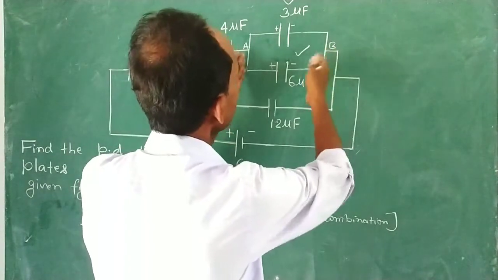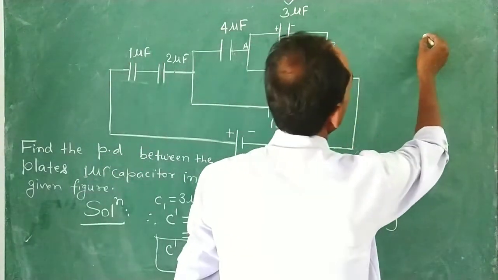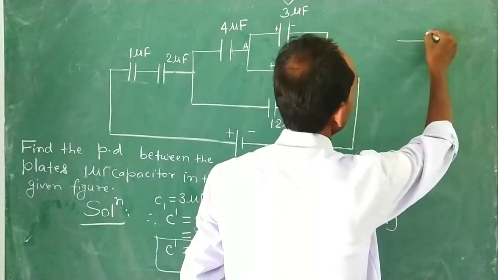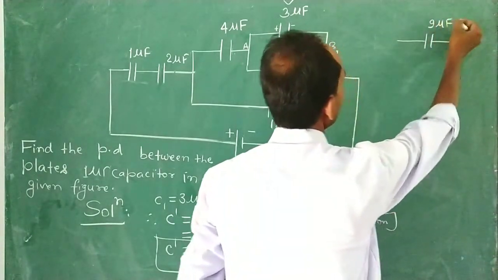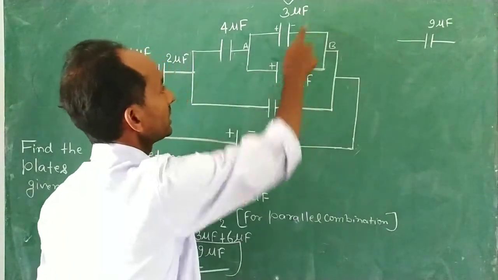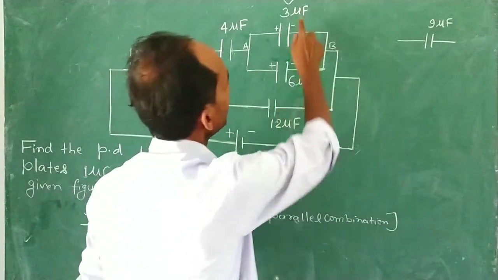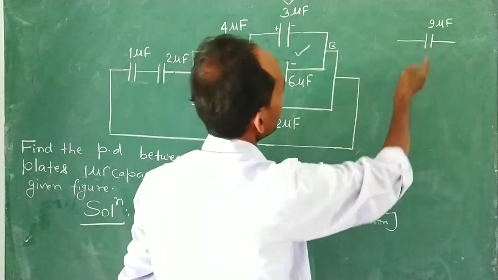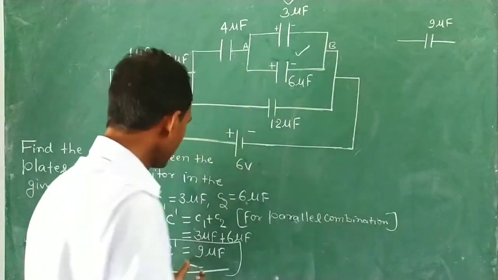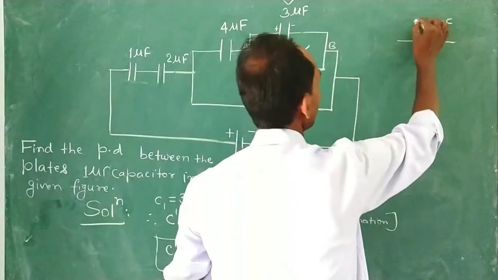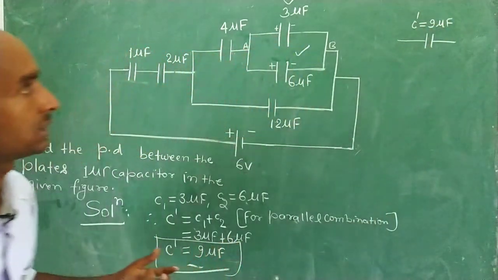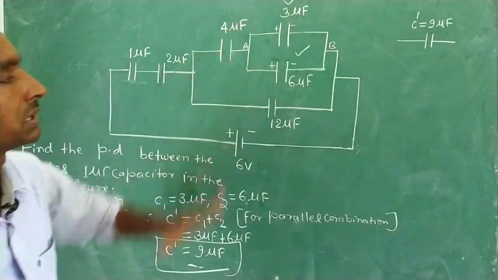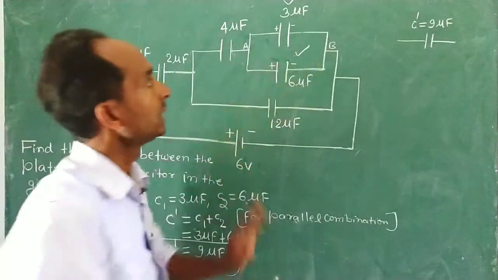That means this will be replaced like this. 9 microfarad comes from the equivalent of the two capacitors 3 microfarad and 6 microfarad.